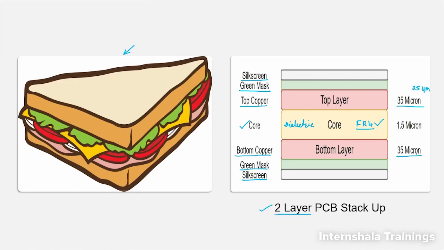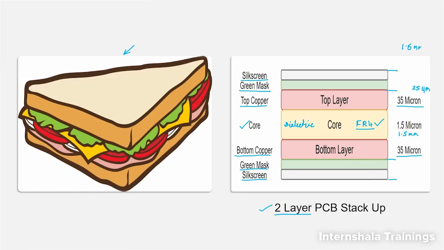The core thickness is not 1.5 micron, it's 1.5 millimeter. The total thickness from this point till this point is 1.57 millimeter, and if we include the green masking and the silk screen, the total thickness is going to be 1.6 millimeter.